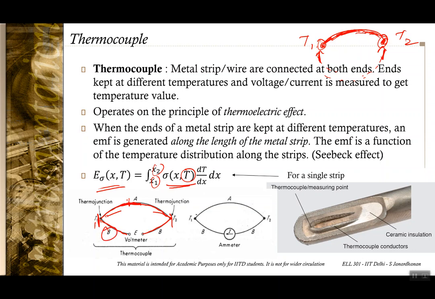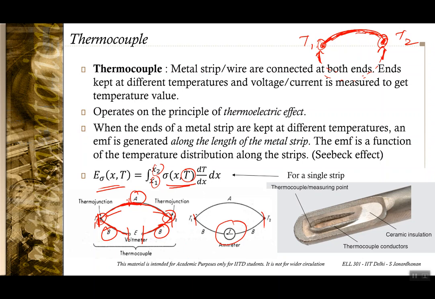If we have A as one material and B as another material, and we use B as the means of connecting these two terminals of the metal strip A, then we can take a voltage here, compute the voltage difference and get a thermocouple. Or we can also measure the current flowing through the circuit because of the potential difference.